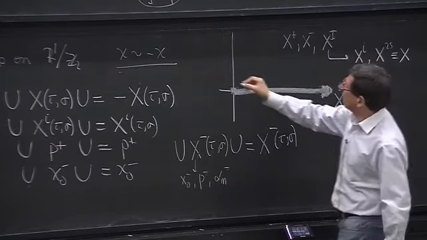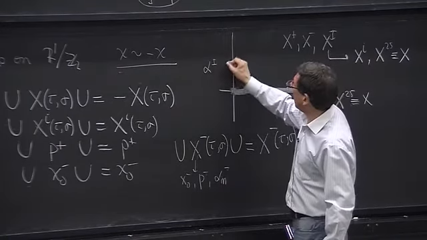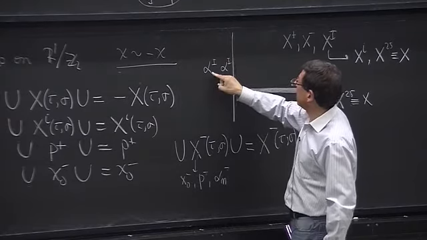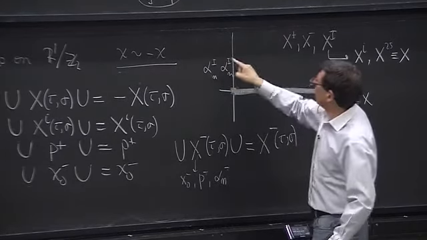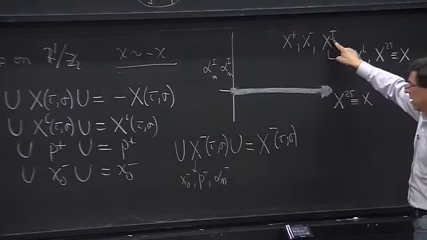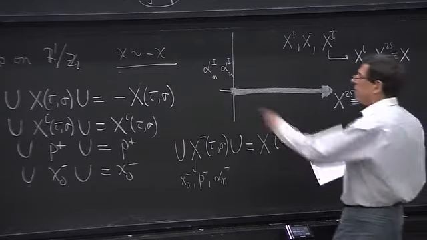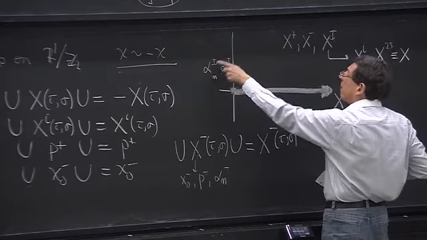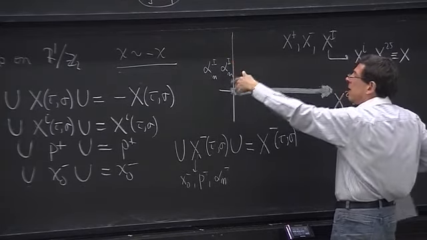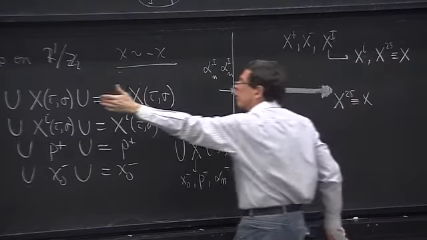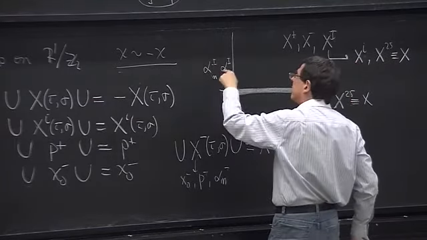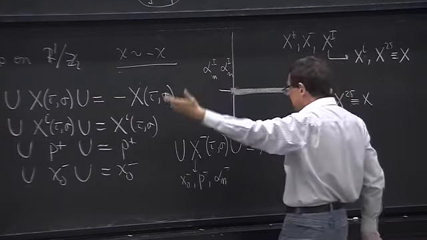All Virasoros are products of alpha i and n, and you sum over all i's. So you sum over all little i's, and you sum over x25. But x25, when this is 25, appears squared. So if the x25s are changed sign, when they're changed sign twice, it doesn't matter.